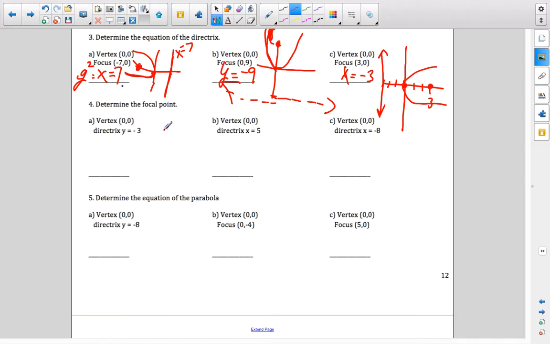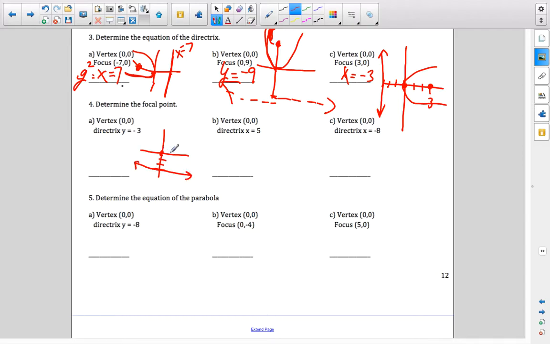Okay, so if I have a vertex of 0, 0, and there's our 0, 0, and a directrix at y equals negative 3. So here's y. So 1, 2, 3. That's our directrix right down there.